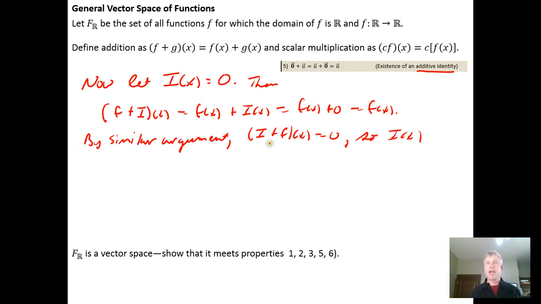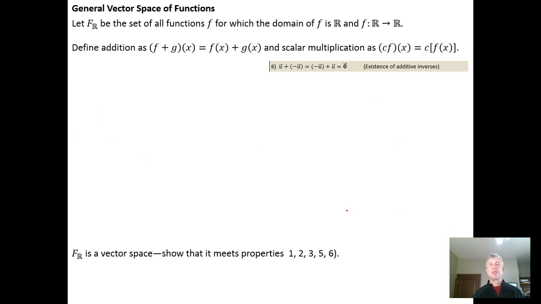So I of x is the additive identity. Additive identity exists.